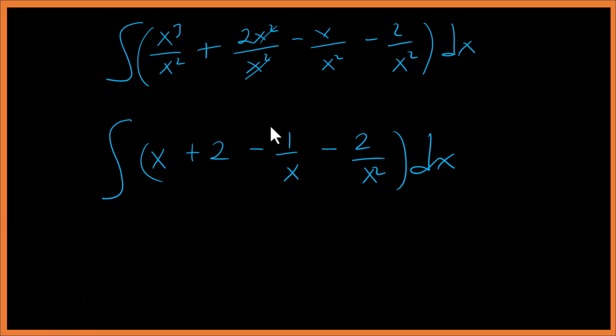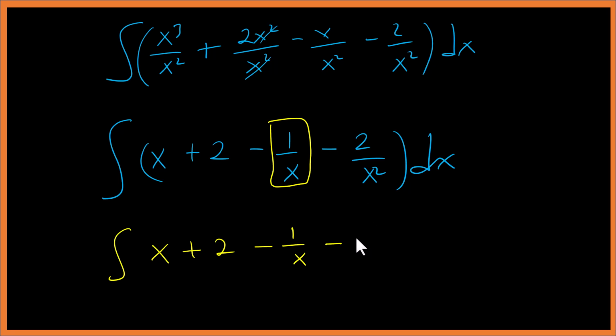We have 1 over x here, so we can write this as x plus 2 minus 1 over x, minus 2x to the power minus 2, dx. With this, we can go ahead with the integration.